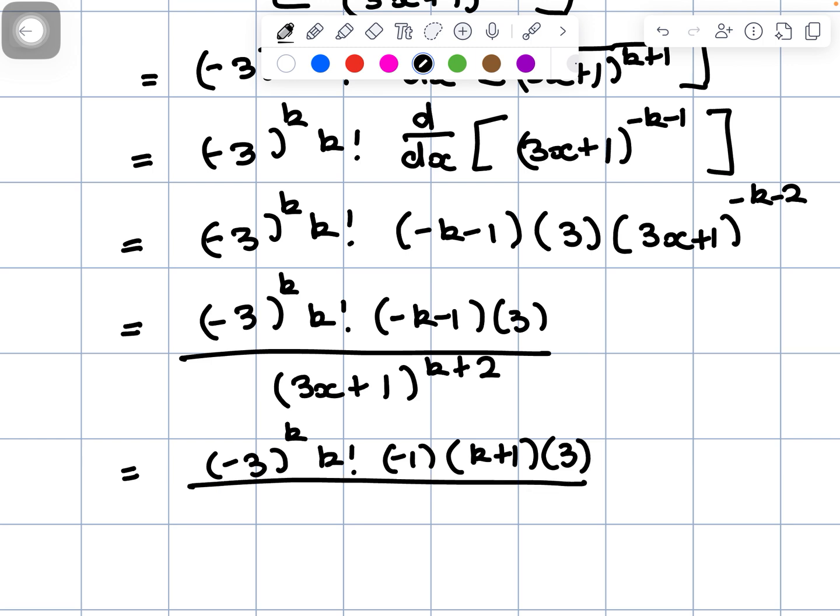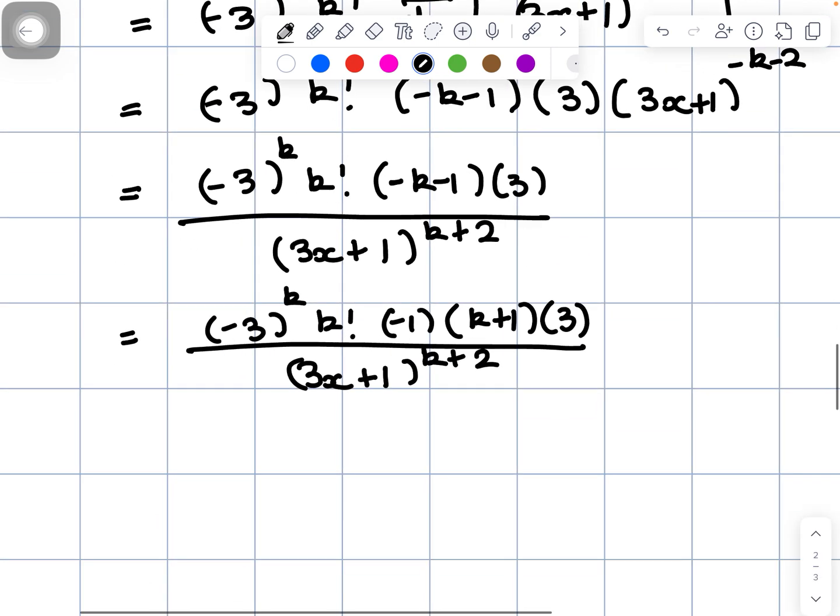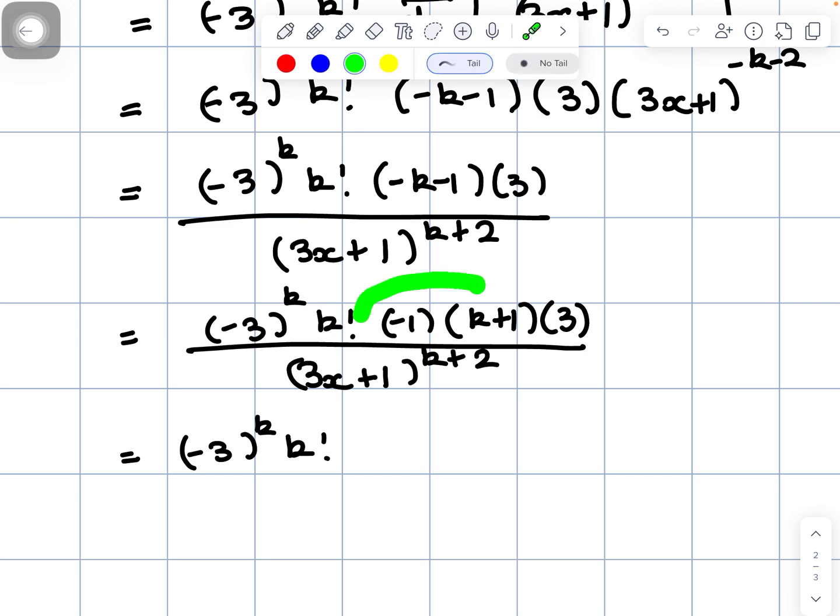And then I want to migrate that minus 1 such that it multiplies with that positive 3. So that minus 1 is going to migrate, and then we have this minus 3 to the power k. So far, we are not disturbing it, and this k factorial. We're still dealing with this stage.